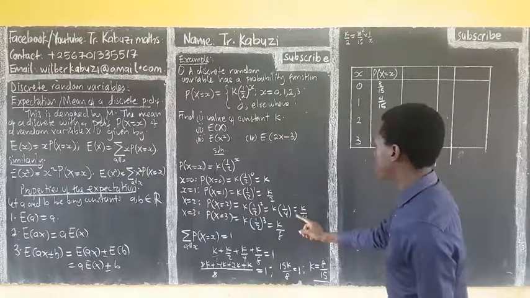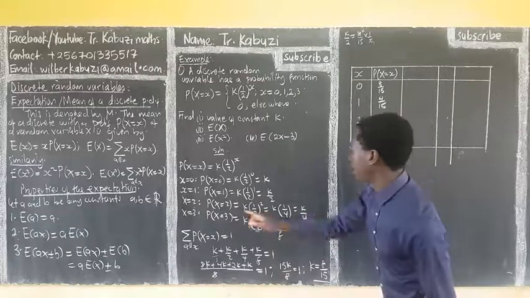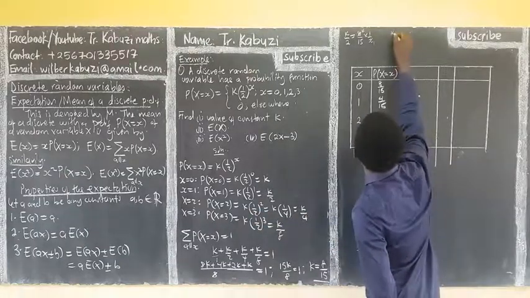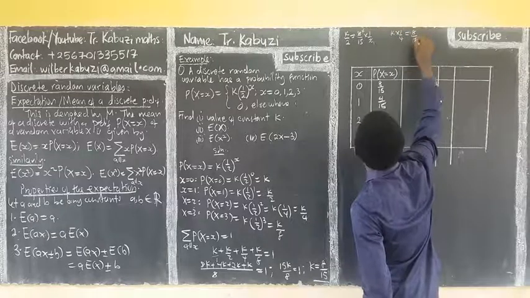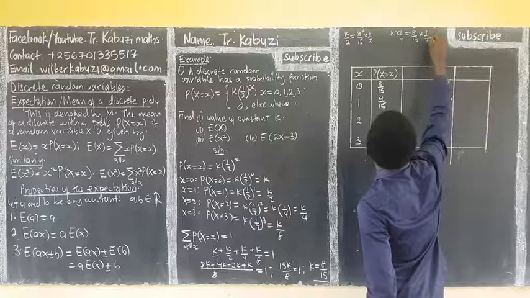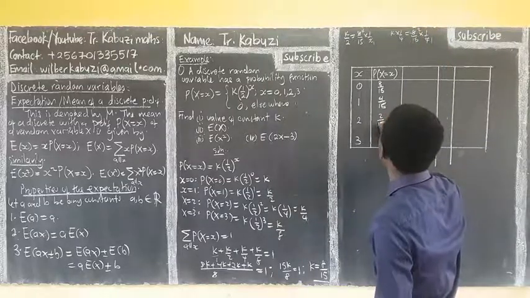So when x is 2, we have k over 4. So we will have k times a quarter, which would be 8 over 15 times a quarter. And this one by this 2. So that's why I'm having 2 over 15.